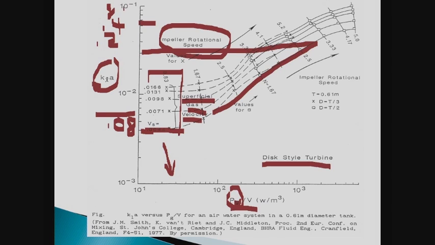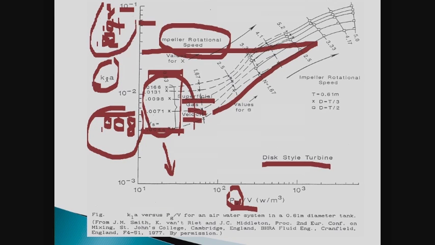Oh, wait a minute. This is 10 to the minus 2, so this is actually 0.008. Wow, that's pretty small. And since this is 10 to the minus 1, this would be 0.08 here as well. So you see, gas sparging is down in here at very low mass transfer coefficients, and up here you have a reasonably large increase.